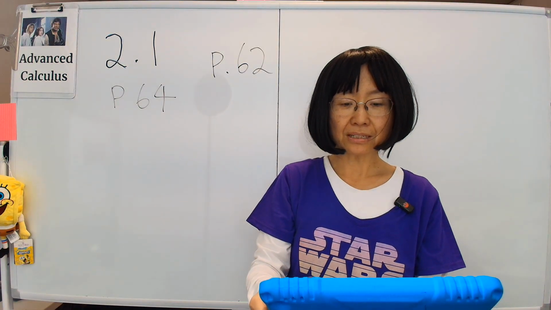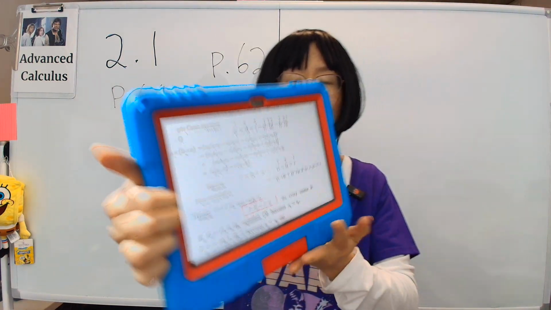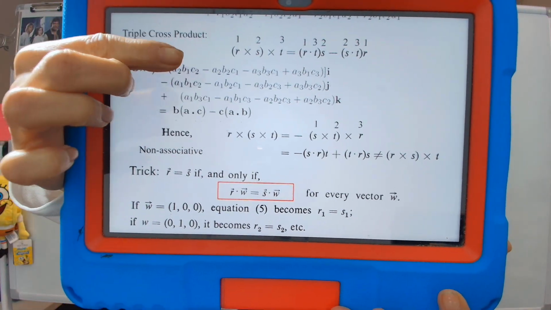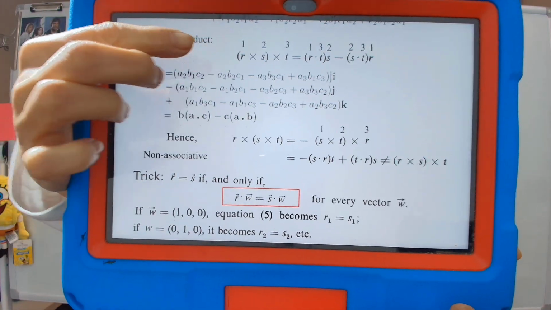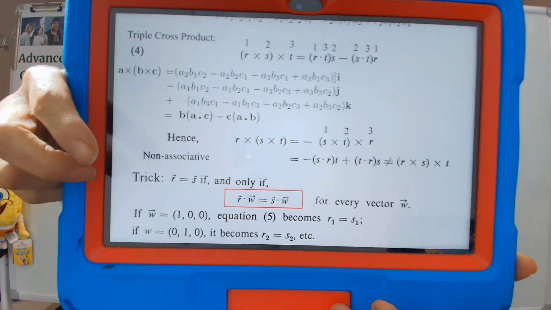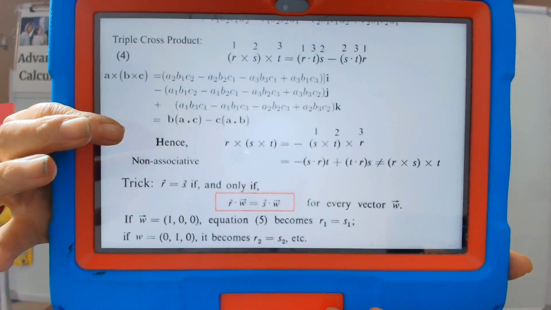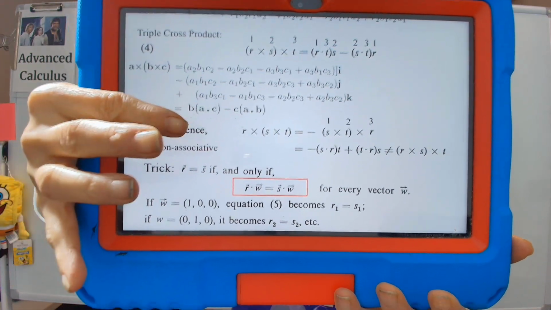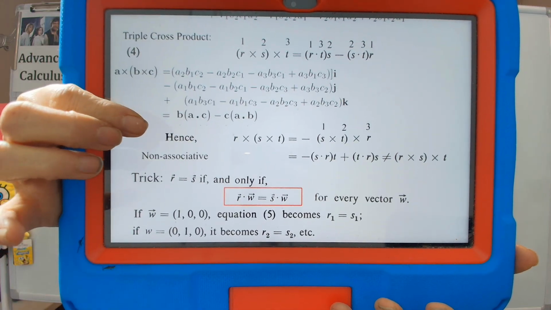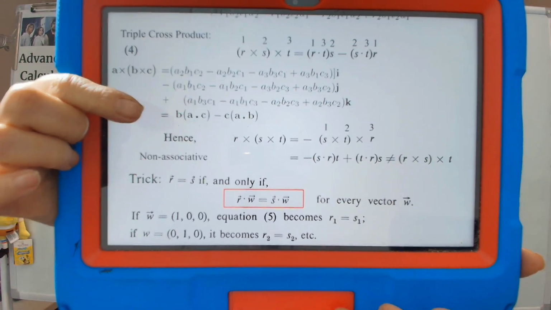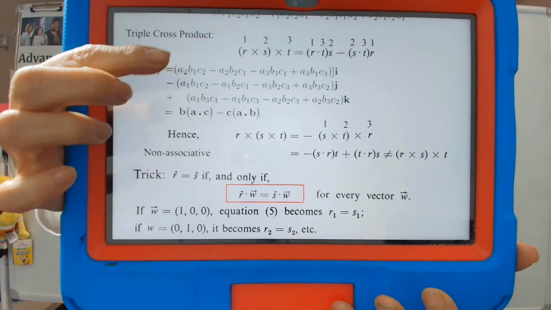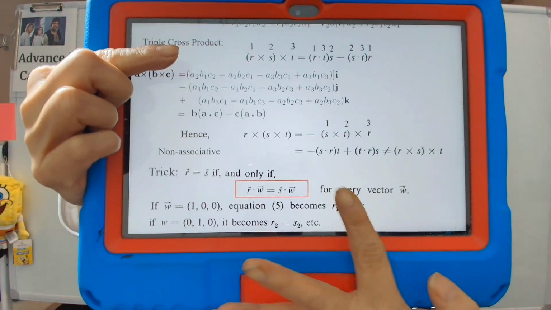And the reason I wrote down the 1, 2, 3 here is I find that slightly easier to apply this formula. That is the first position, second position, and third position variables in order. And then I just plug it in that way. So for example, R cross S cross T in the next part is equal to negative of S cross T cross R, and then if we plug it in here, it equals this stuff.